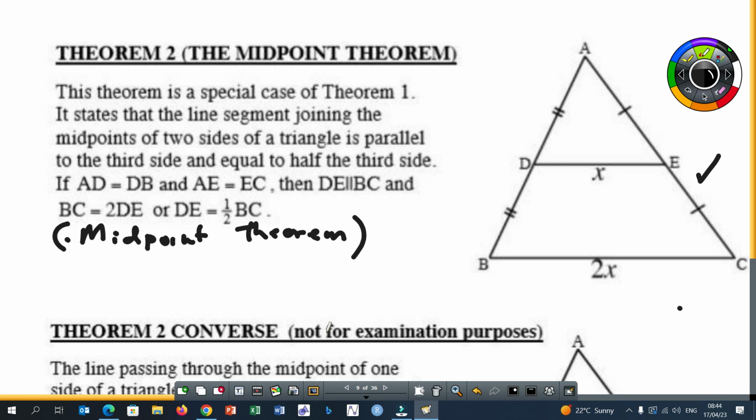So one side will be bisected, the other one will not be bisected. Also, you'll be given the two lines that are parallel to each other. So the midpoint of AD, and AE is half of AC. Yes, both sides.